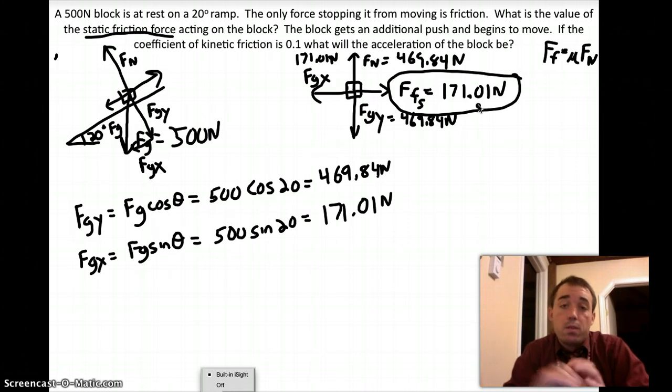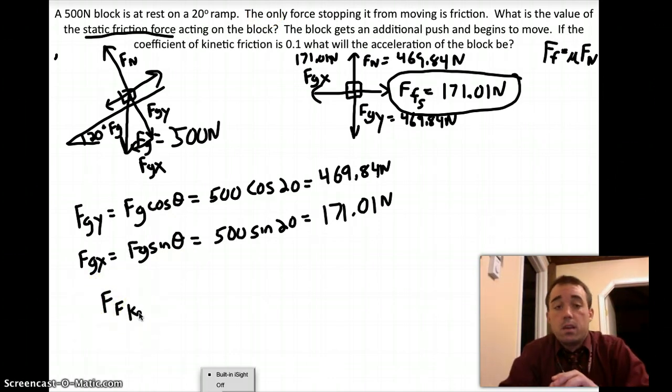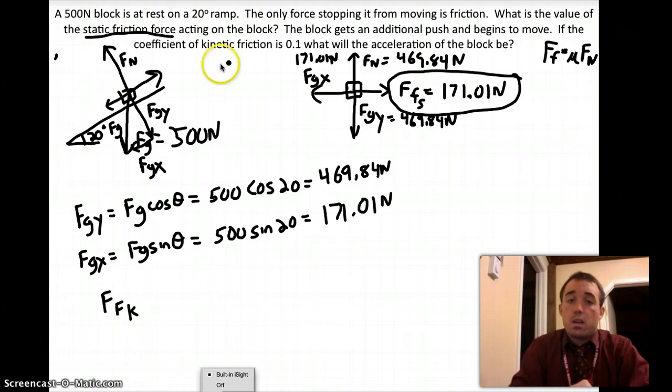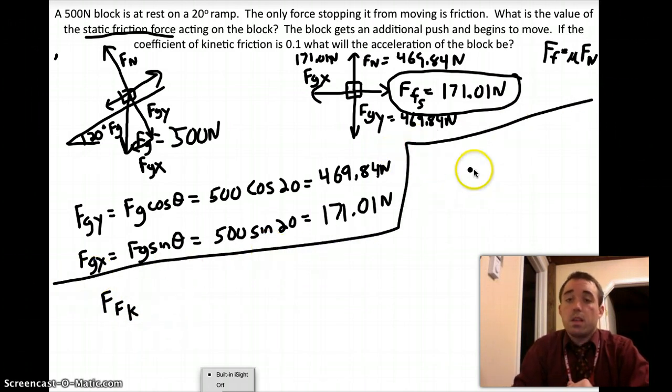But we know now, if we give it that push and break the static friction, we move into kinetic friction. And we have to figure out what our kinetic friction force is. Well, really, ultimately, we have to figure out what our net force is. And to do that, we have to first figure out the kinetic friction force. So what happens is our free body diagram changes just slightly.